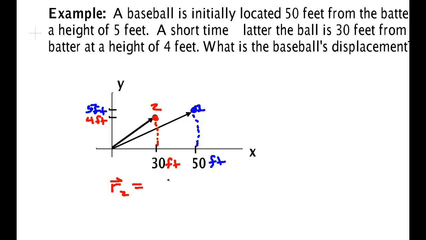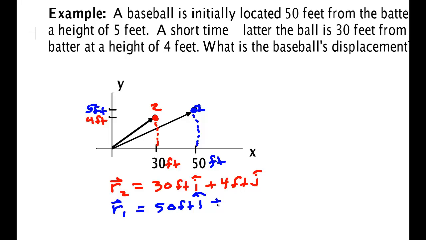R2 is 30 feet i hat plus 4 feet j hat, and R1 is 50 feet i hat plus, oops, I'm sorry, 5 feet j hat.